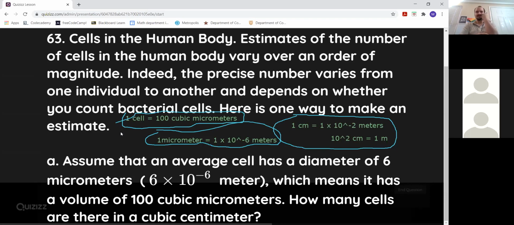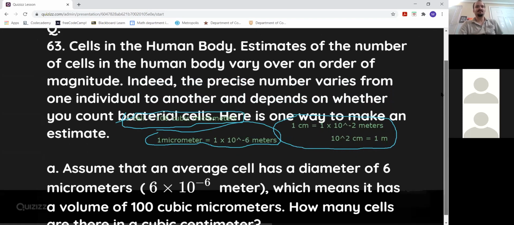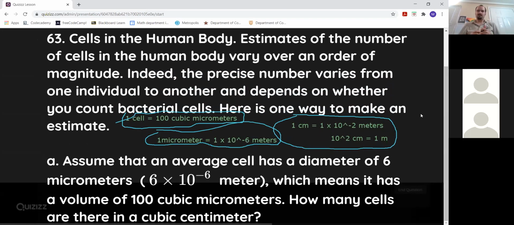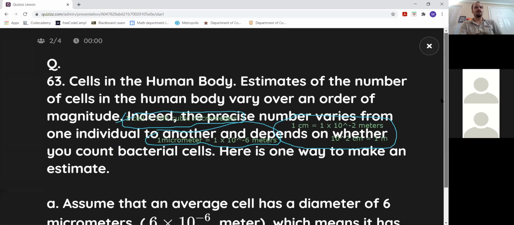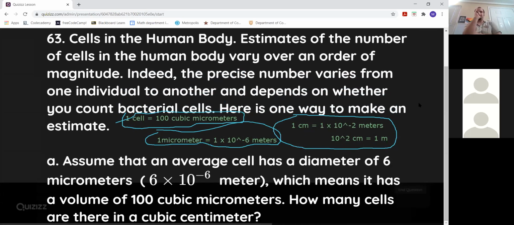We're at 2. Got 2 more people. Are y'all trying something?